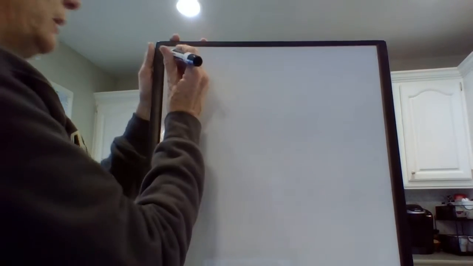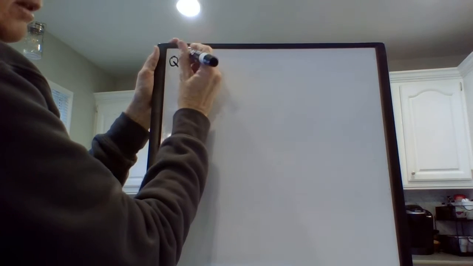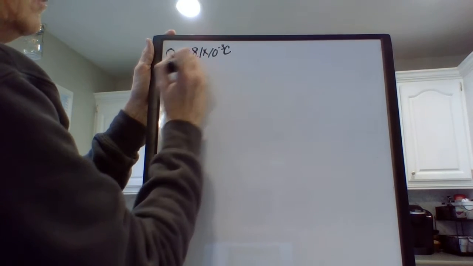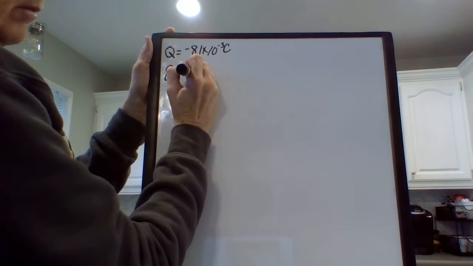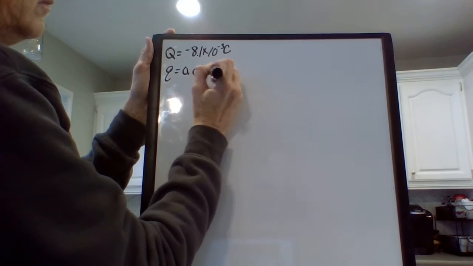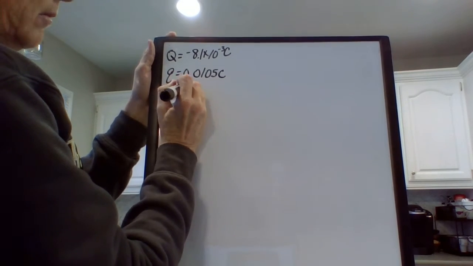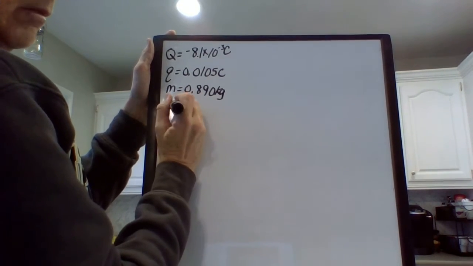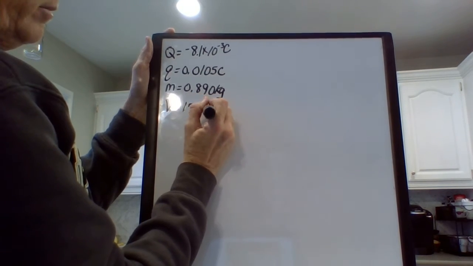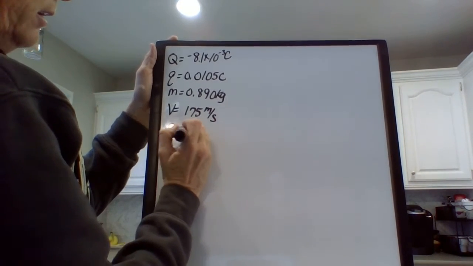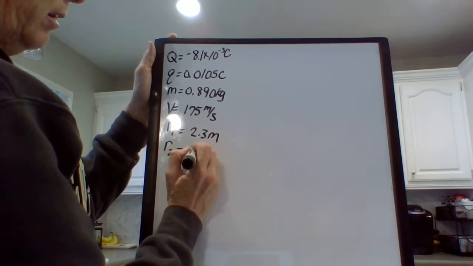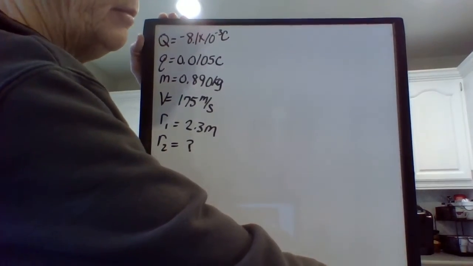Okay, so let's do number 6. I'm going to write down all the variables again here. You can do that as well, so you know what you're doing. So this one, you're wanting to know where the particle ends up before it stops.